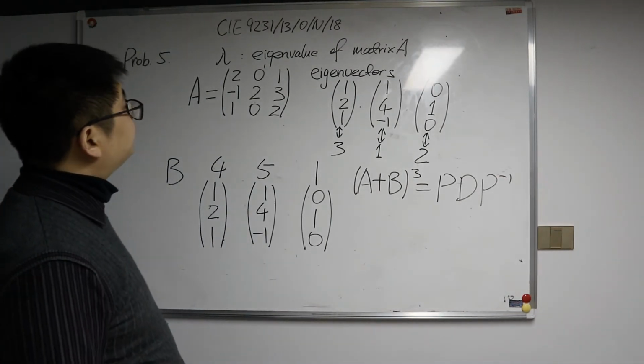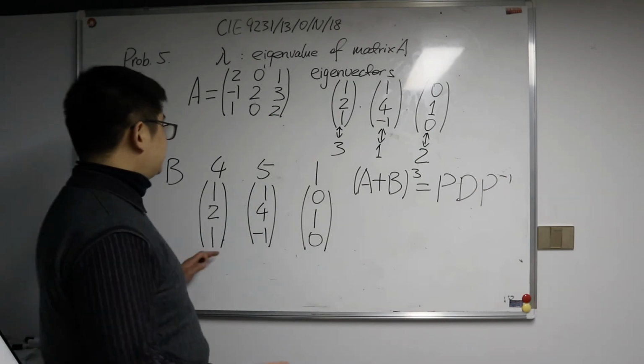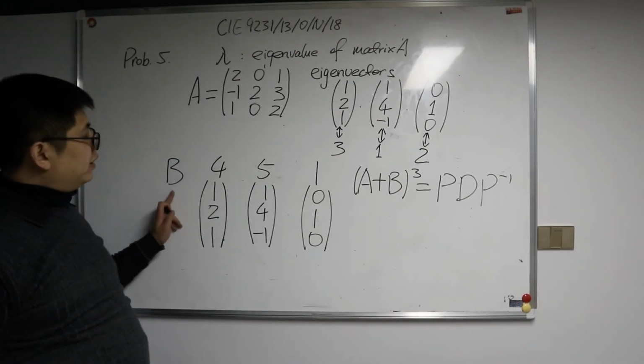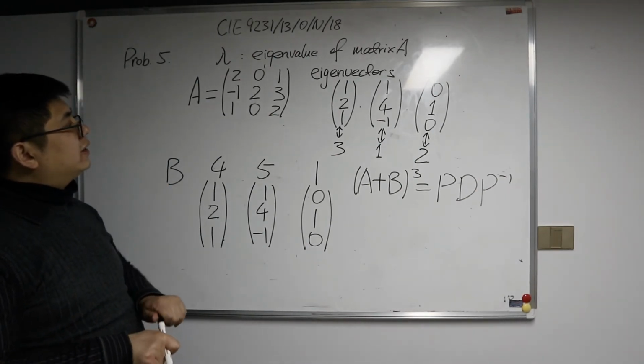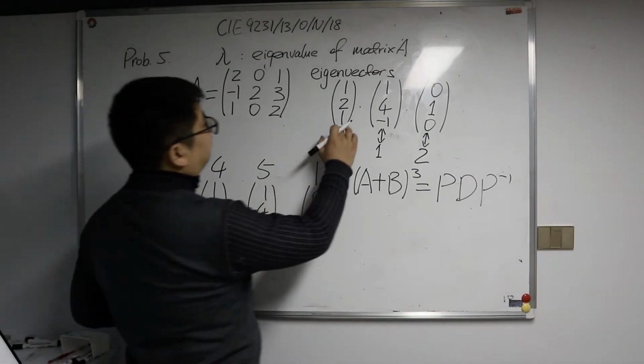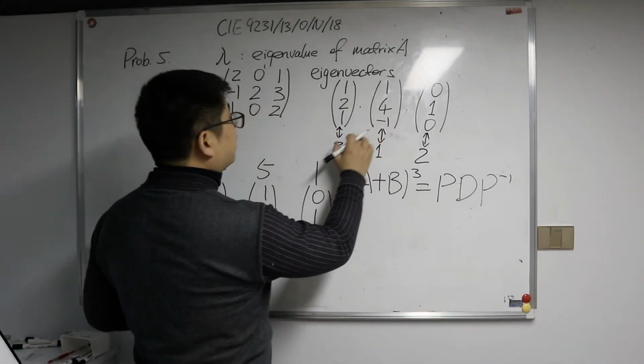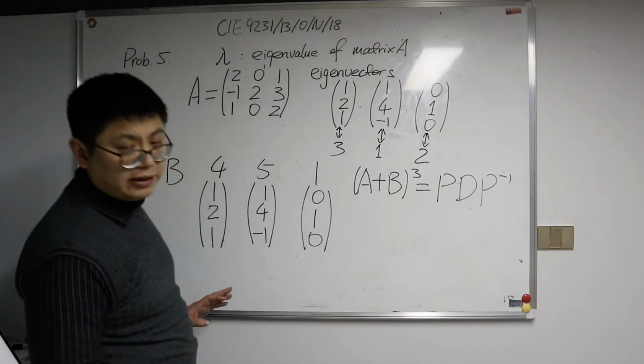Okay, now we see that B has exactly the same eigenvectors as A, right?